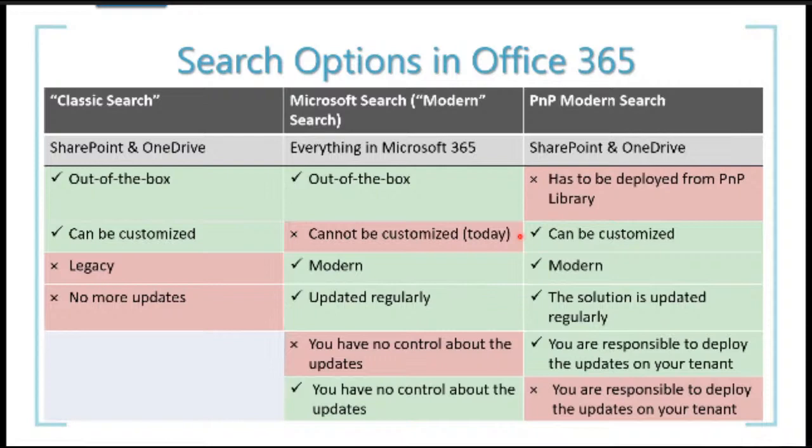So sooner or later, hopefully, we will see that. It is modern, so it fits really nicely to your modern sites and your modern experience in Microsoft 365. It is updated regularly. Sometimes we can see new features and new improvements every week. So it's really updated quite often.